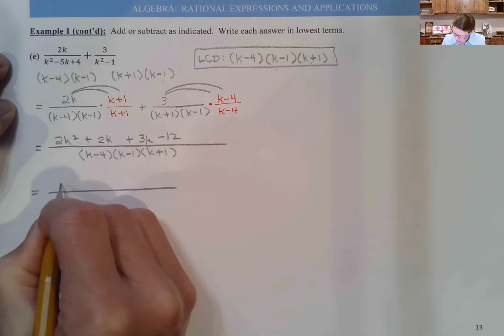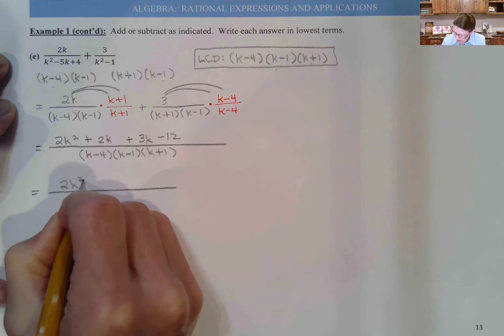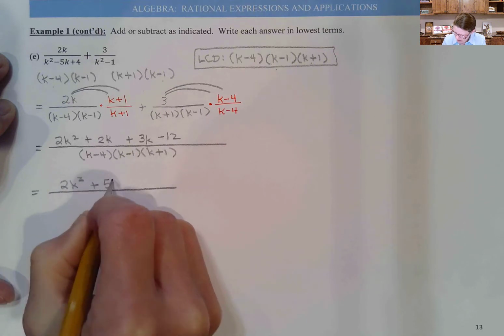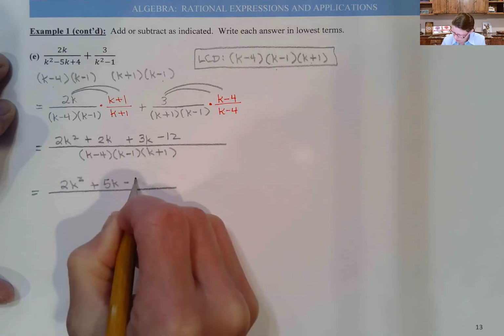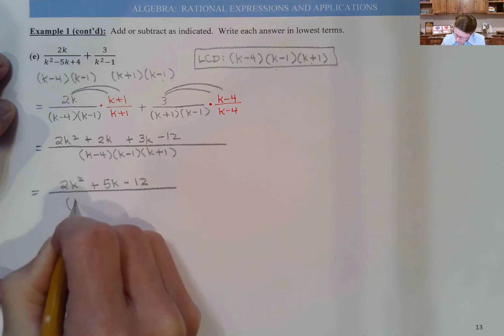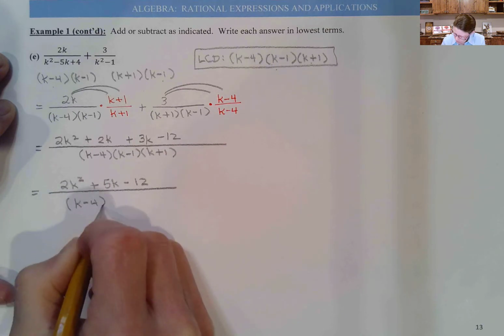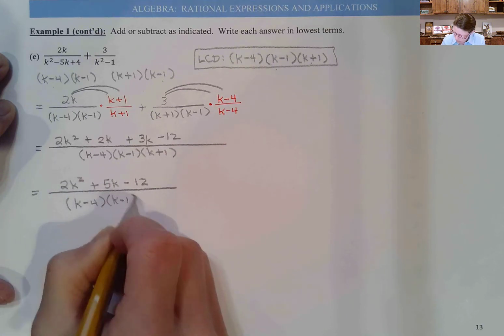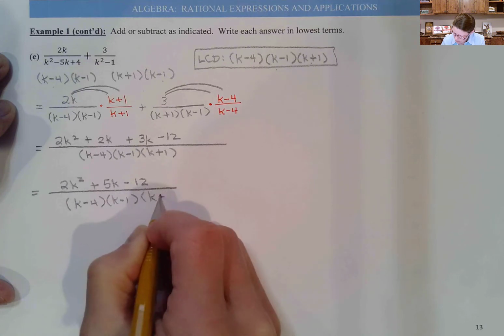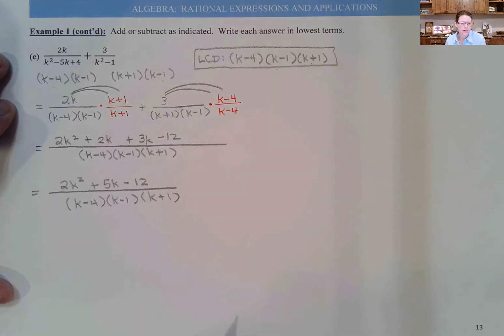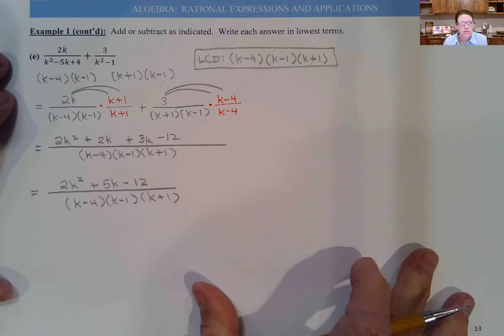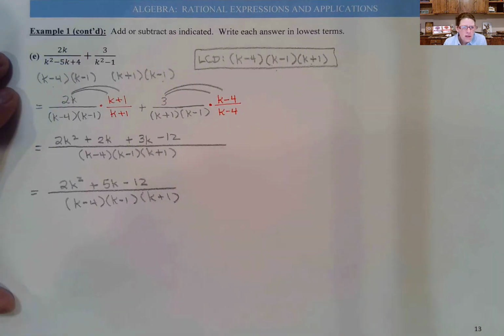Combining like terms in the numerator gives 2k squared plus 5k minus 12. That's all over k minus 4, k minus 1, k plus 1. Don't let that denominator disappear on you. Okay, it needs to remain in our answer. So we've completed our addition.